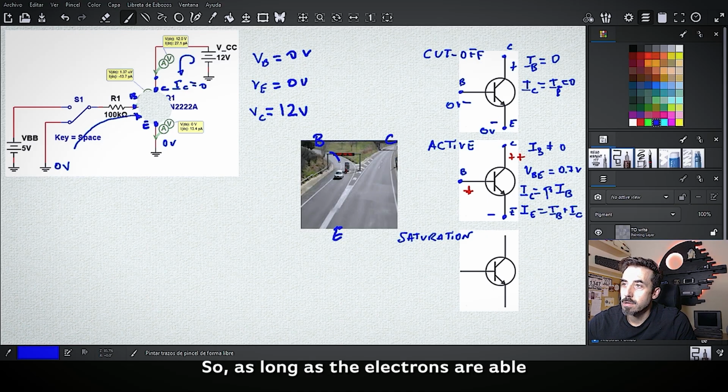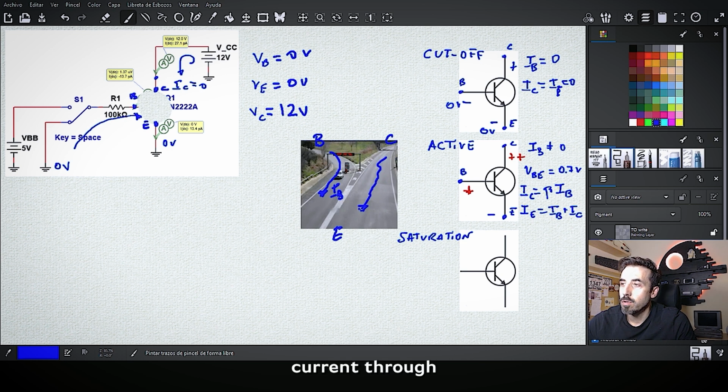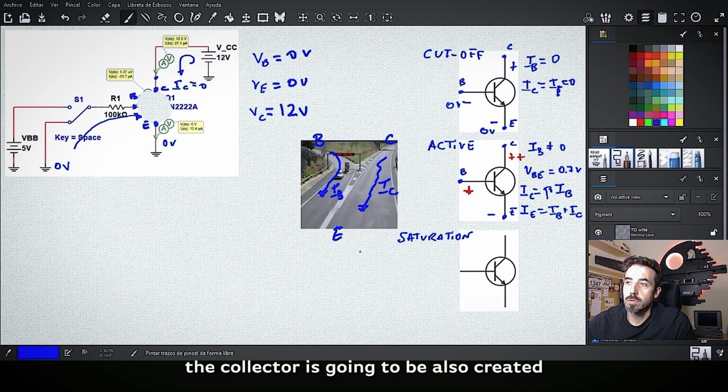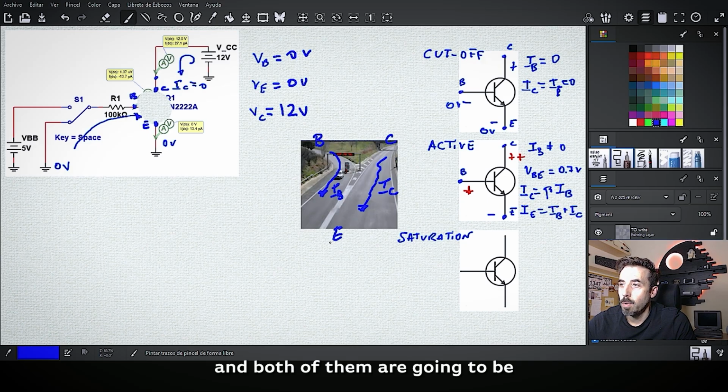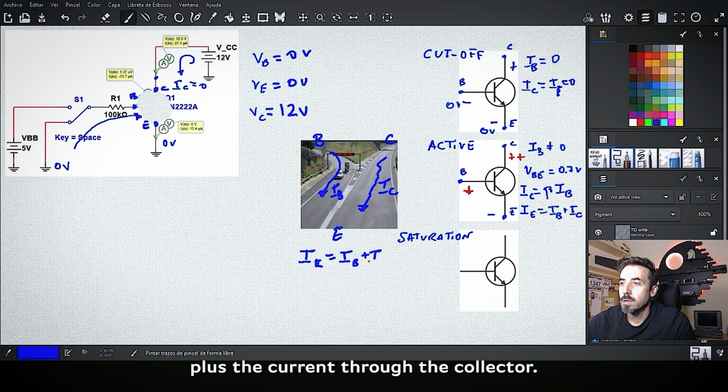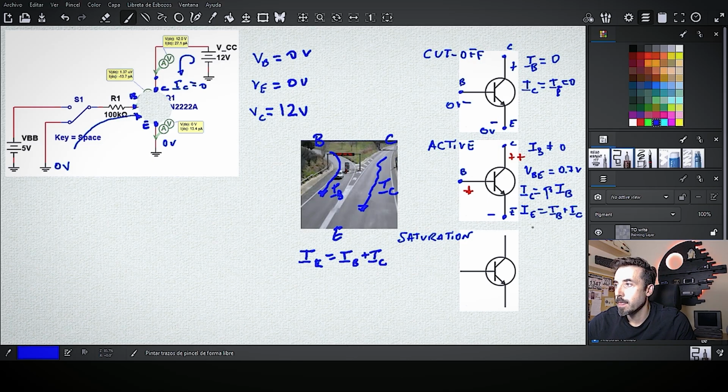As long as the electrons are able to pay the toll and pass through and create this current through the base, suddenly the current through the collector is also created, and both of them are joined at the emitter. So the current at the emitter is going to be the sum of the current through the base plus the current through the collector.